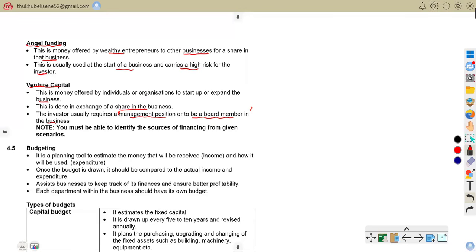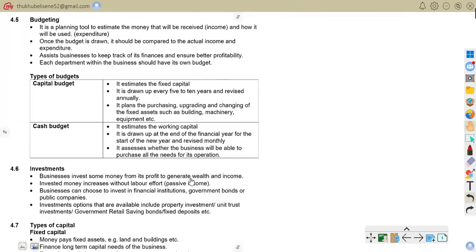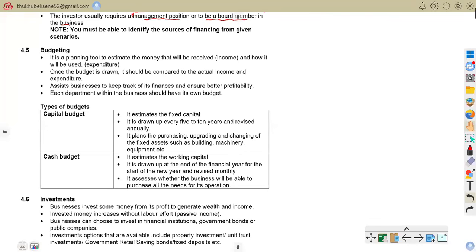So now we come to budgeting. As it says, it is a planning tool to estimate money that will be received, that is income, and how it will be used, that is expenditure.